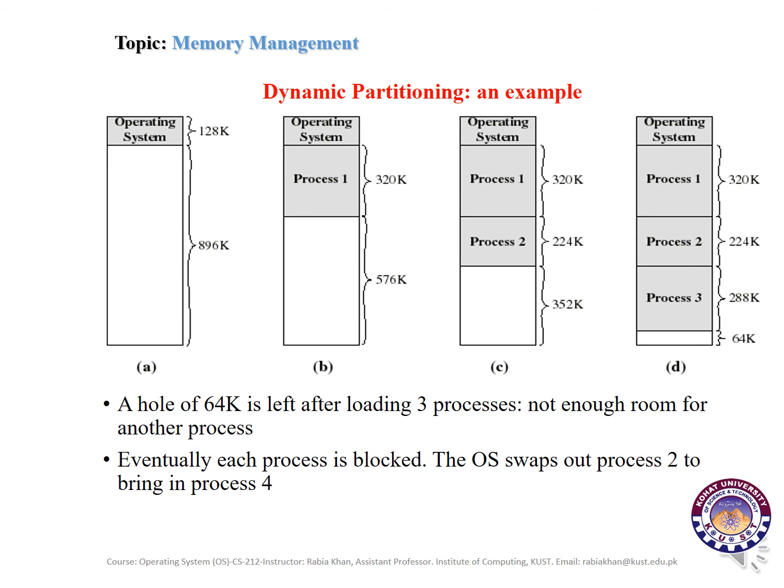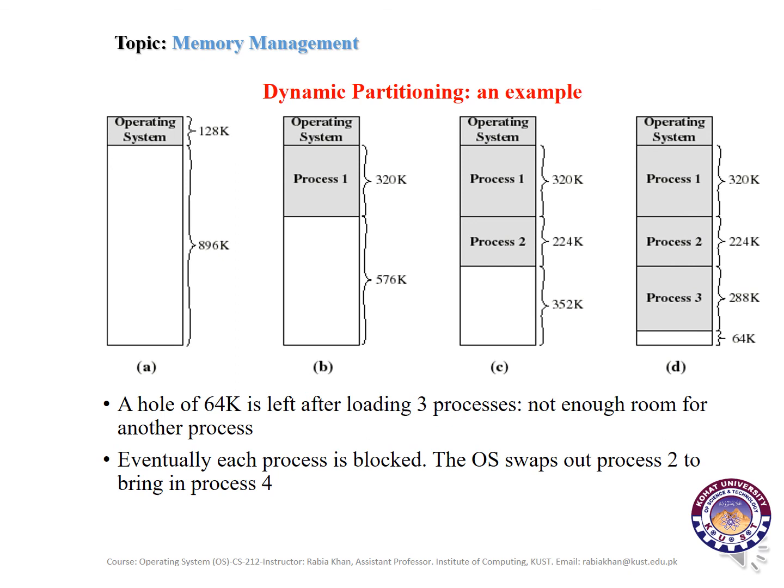Now process 4 is required to be loaded, whose size is 128 KB. But we do not have enough space in memory to load it. Now, if all the three processes in memory get blocked, that means they are waiting for some device or event, so the operating system can swap out one of them to make space for process 4.